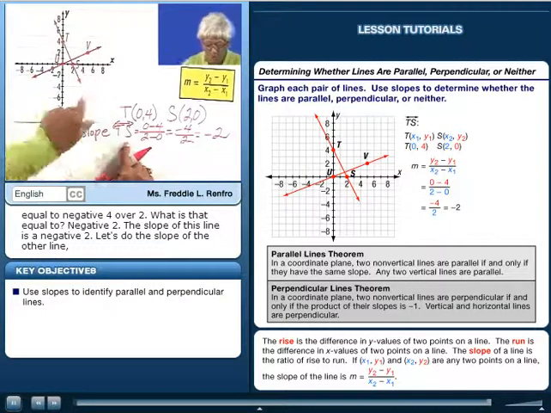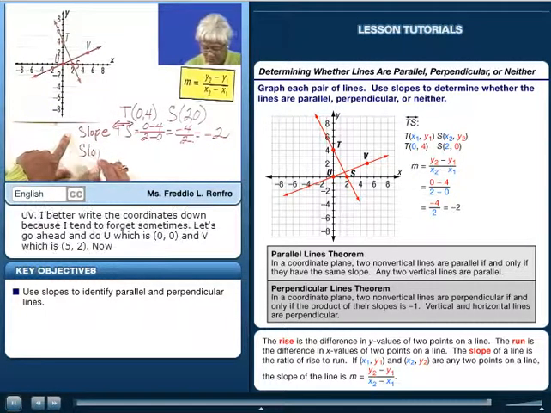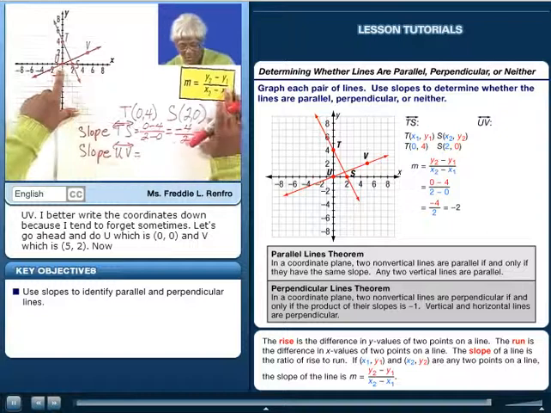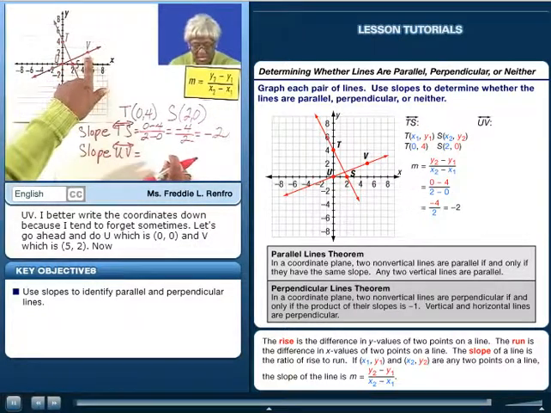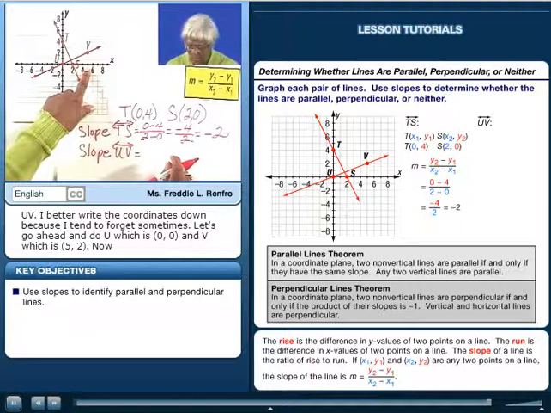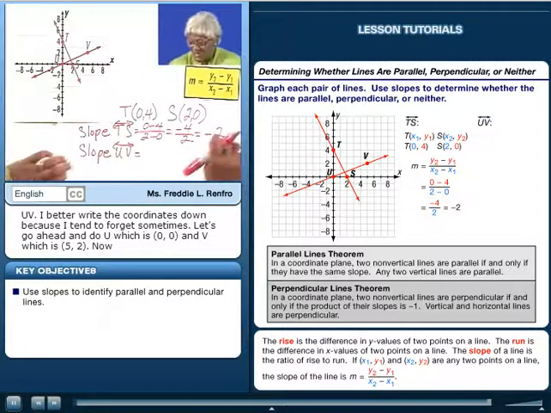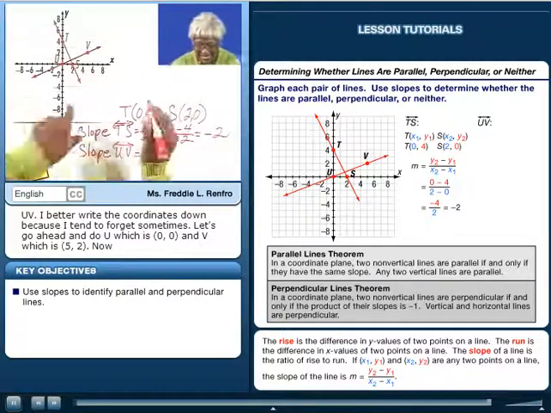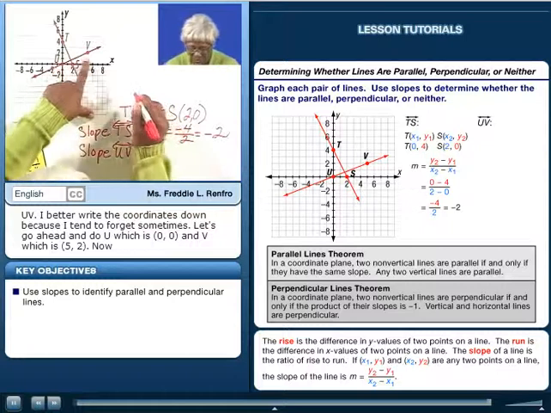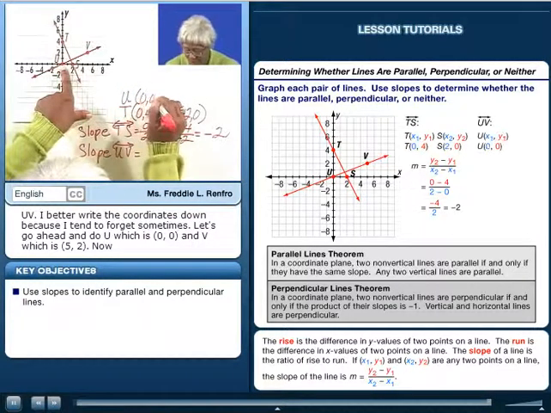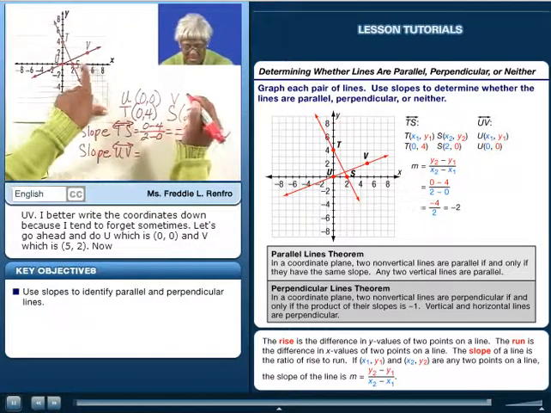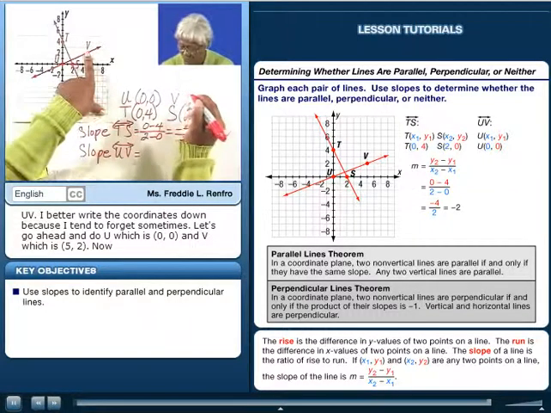Let's do the slope of the other line, UV. I'm going to go ahead and do these. The coordinates for the points, I better write those down because I tend to forget sometimes. Let's do U, which is 0, 0, and V, which is 5, 2.